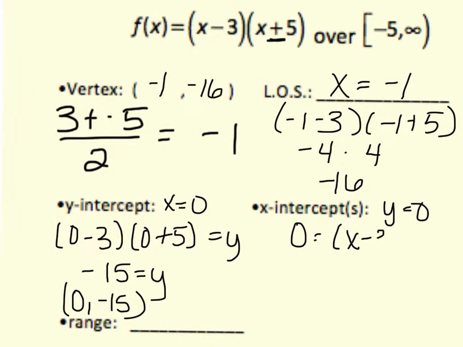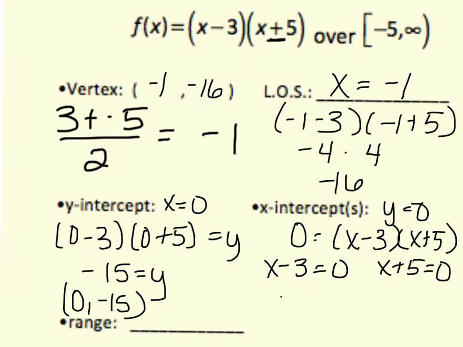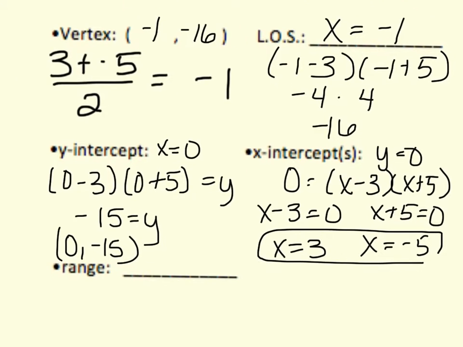So using our zero product property, we're going to set each factor equal to 0 and solve. So x is going to equal 3 and x is going to equal negative 5. So your x-intercepts are going to be 3, 0, and negative 5, 0. Okay, so those are our two x-intercepts.